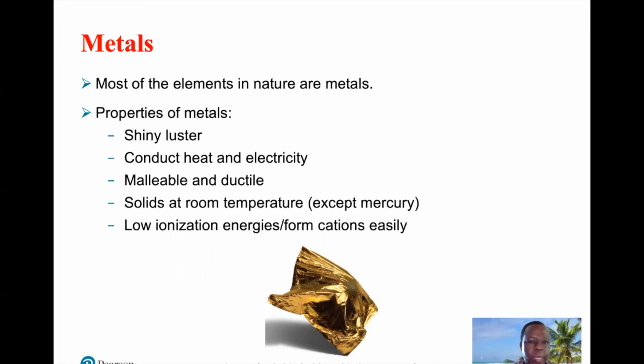Whereas non-metals, you can say they are dull. Metals are good conductors of heat and electricity. Thermal conduction, that's conducting heat and electricity. Non-metals are poor conductors of heat and electricity, the opposite of what you just see here.